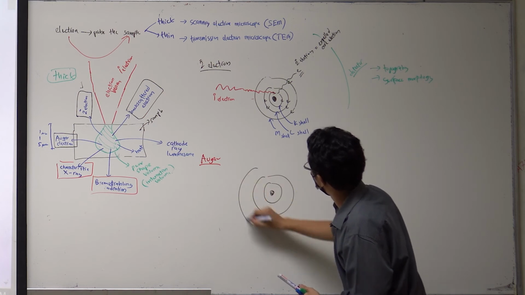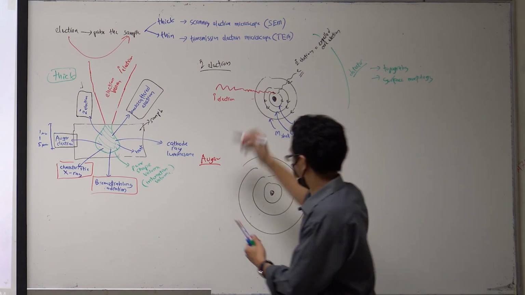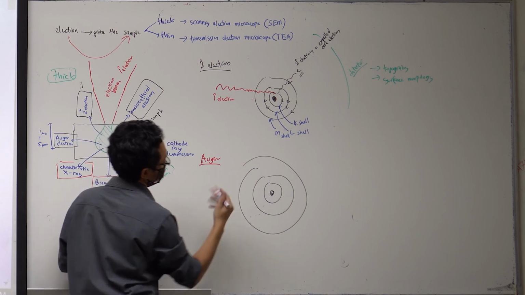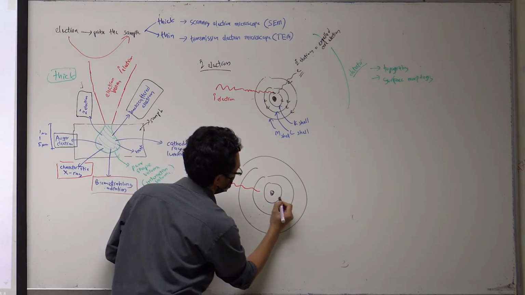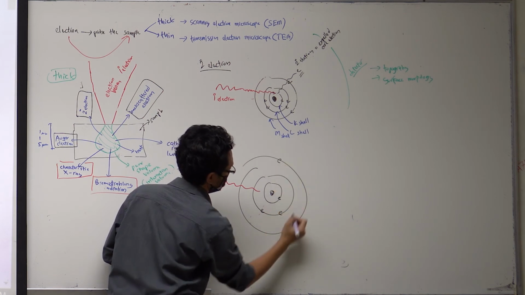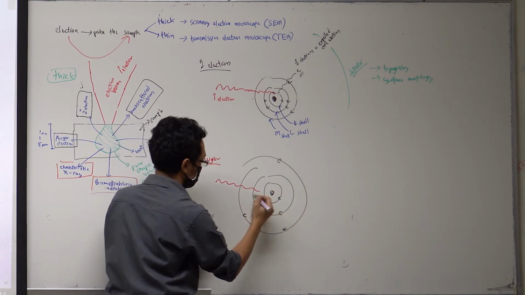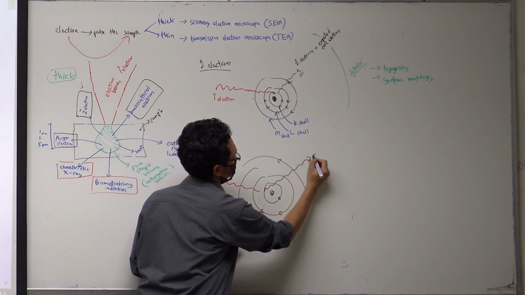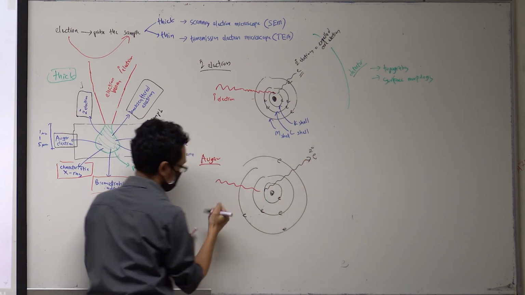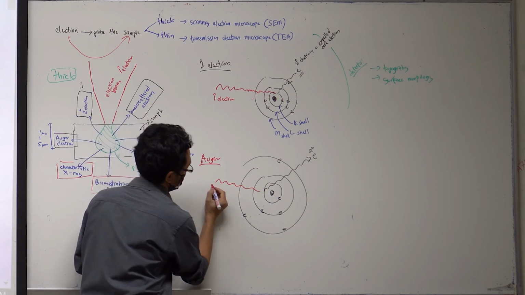I will redraw this. Let's say I draw the electrons here, there are many electrons. One electron is expelled as a secondary electron. This is the primary electron here.